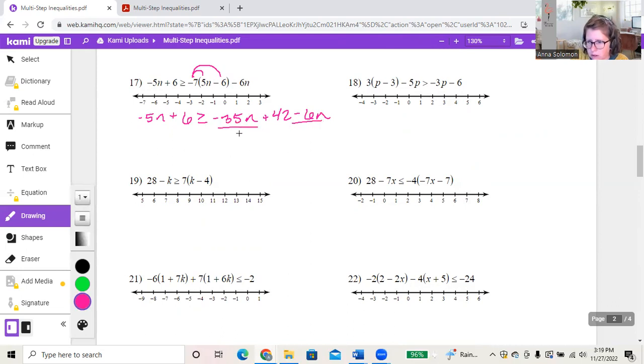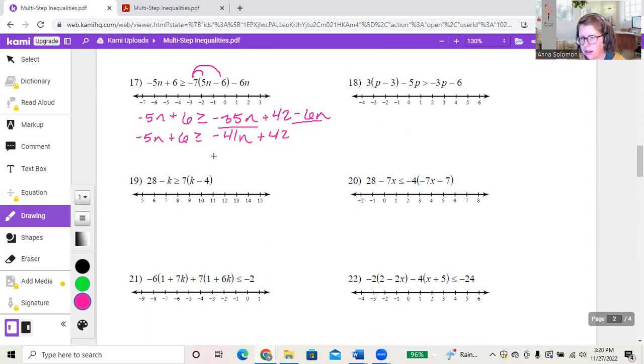Now we have some like terms to combine. So this is still -5n plus 6 is greater than or equal to -35 and -6. So it was -35, and then it's going to move even lower down the number line to an even smaller number. So that's going to be -41n plus 42.